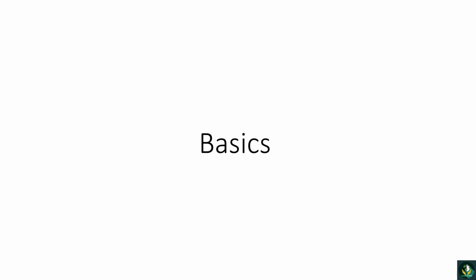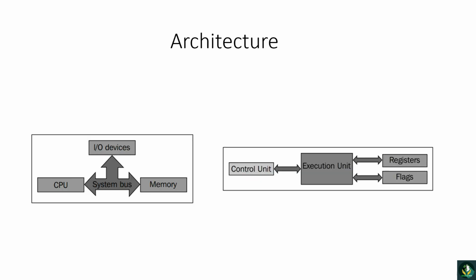So let's talk about the architecture now. Architecture defines how the various components of a system are organized. Let's understand the basic components first, and we will deep dive into the advanced stages.